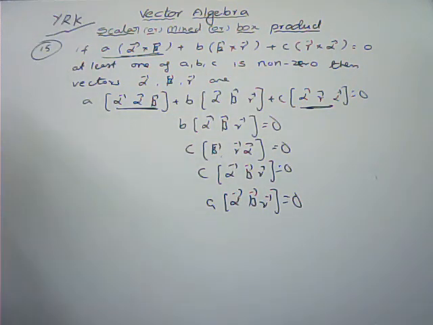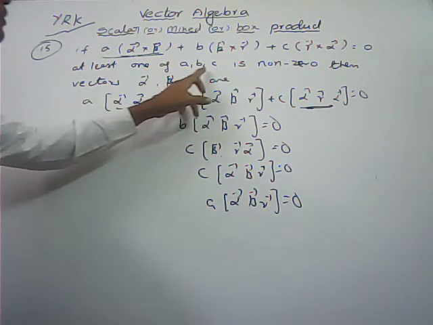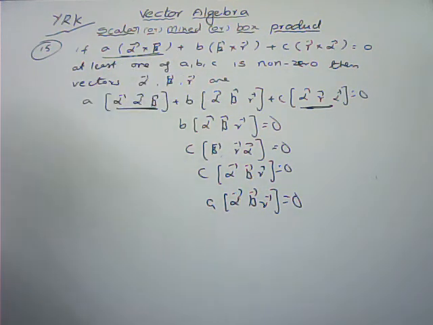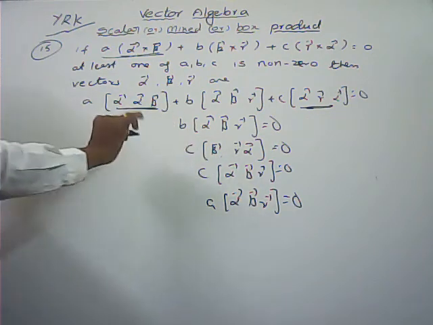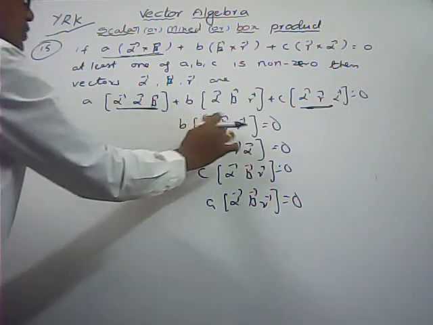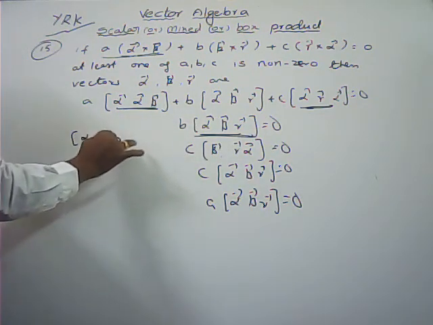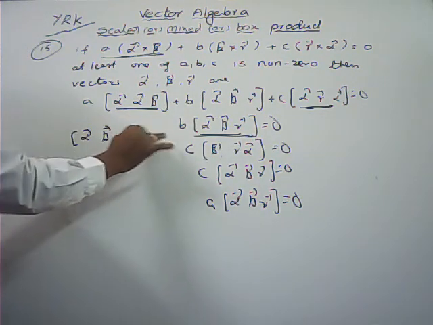Here, what about A, B, C? What is given about A, B, C? At least one of A, B, C is non-zero. If all are equal to zero, then we can't say anything. Since at least one is non-zero, the product being equal to 0 means compulsorily the box alpha beta gamma should be equal to 0.